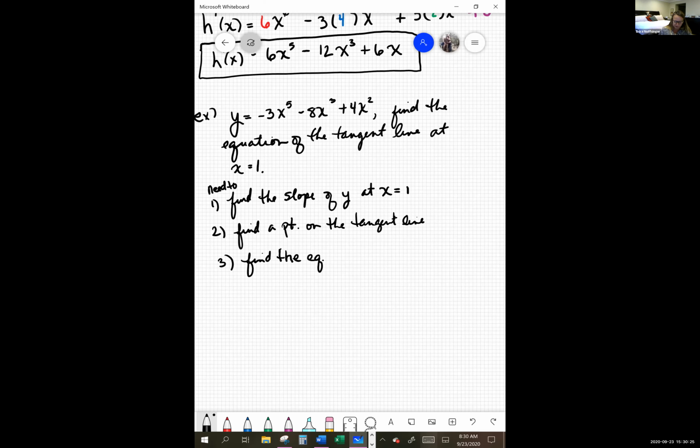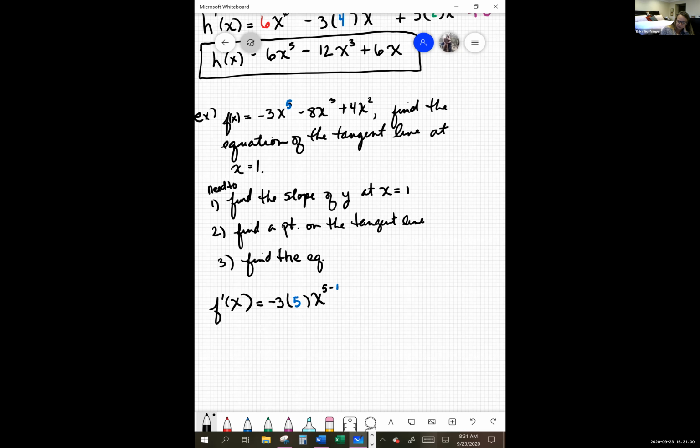So just notation wise, it would be easier if we just call this f of x, which is another way to say y. So let's first take the derivative of f of x. So f prime of x, we're just going to use the general power rule. So we have that negative 3, and we're going to multiply by our exponent, which is 5, x, and now we have 5 minus the 1 power.